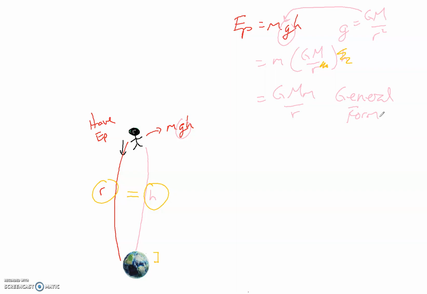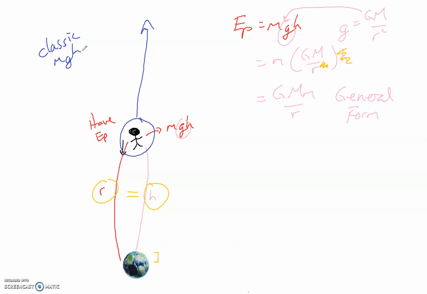Now, one thing you've got to be careful with, though, is how it actually works. If we go back to what you guys used to do, if we took this guy and we moved him farther away from the planet, say he's going higher, if we went to classic MGH, classic potential energy, you'd say his height's bigger, which means he's got more potential energy. But that's kind of not the way it works.